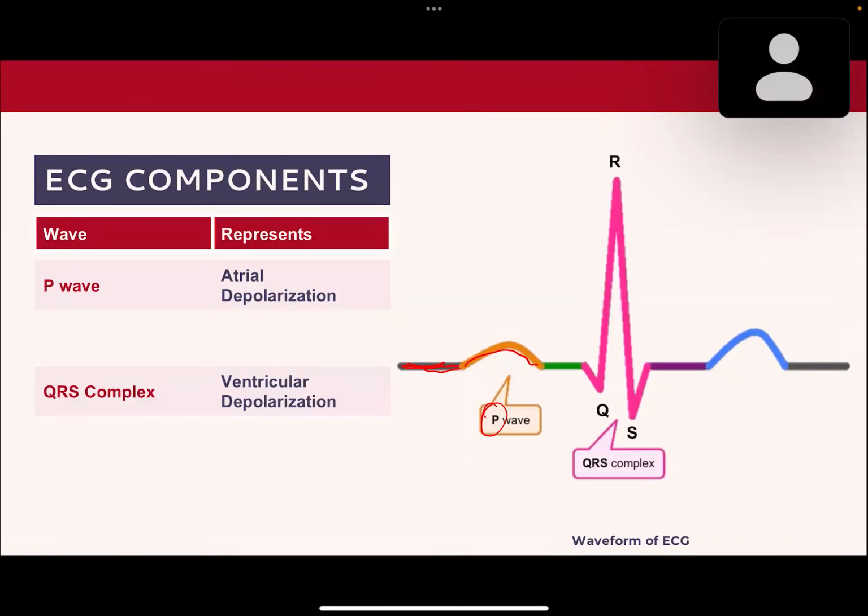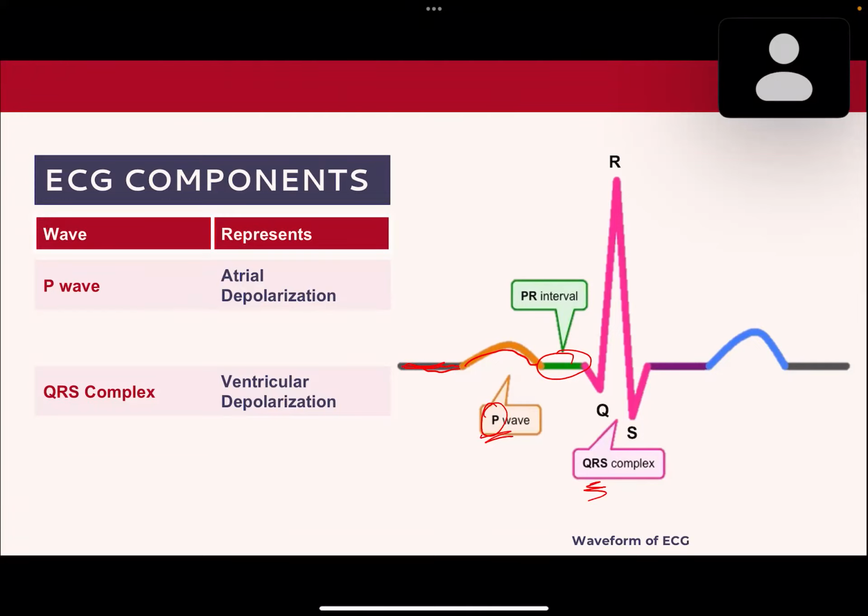Before we move on to the next wave, there's this very important segment connecting the P wave to the QRS complex. It's called the PR interval. Does anyone know what this PR interval represents exactly? Why is there no electrical impulse between atrial depolarization and ventricular depolarization?